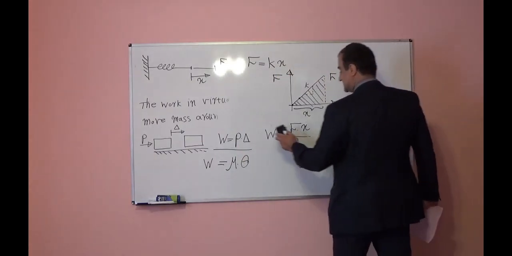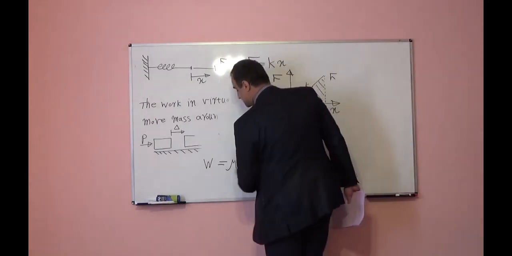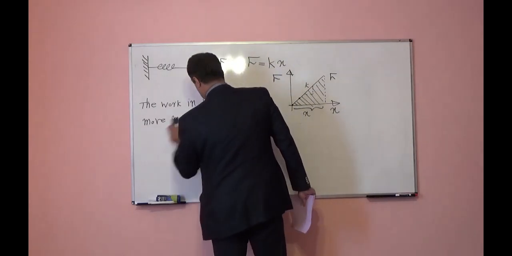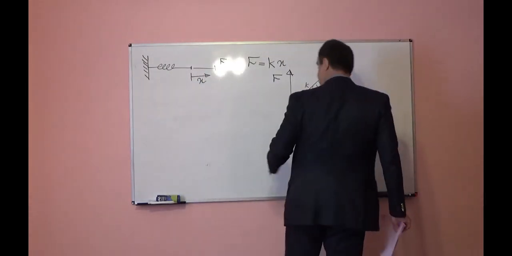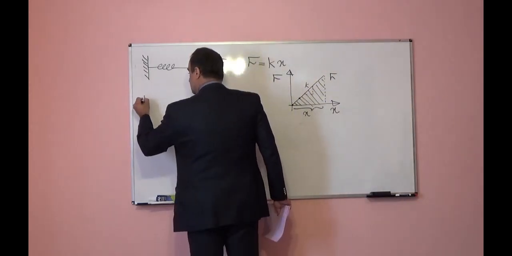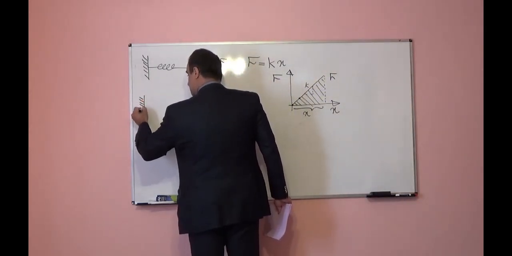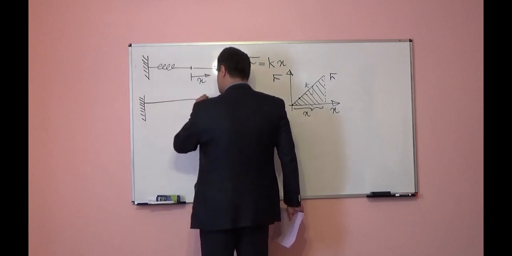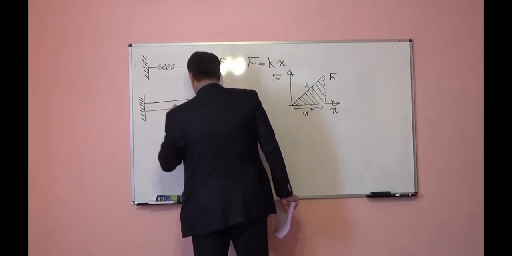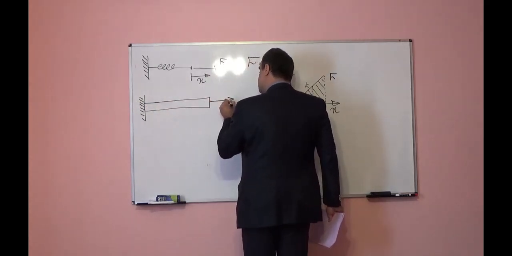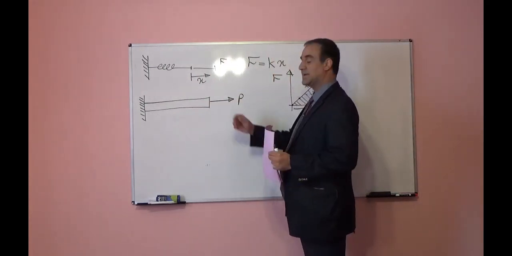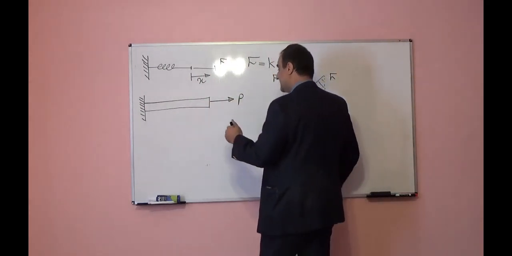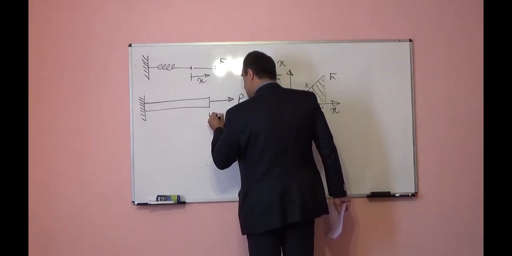Instead of this spring, if we have a straight rod, we know rod is kind of spring as well. For example, we have rod here, straight rod. We apply force P to this rod. And you see, this is tension force. So we will have elongation.